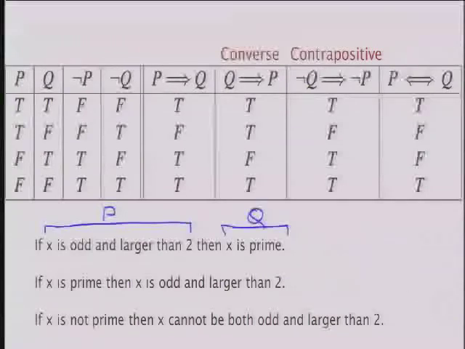Is that true? I'm sorry? No, why not? Good. Very good. So it's false. How about this other statement? If X is prime, then X is odd and larger than 2. Oh, this is also false.